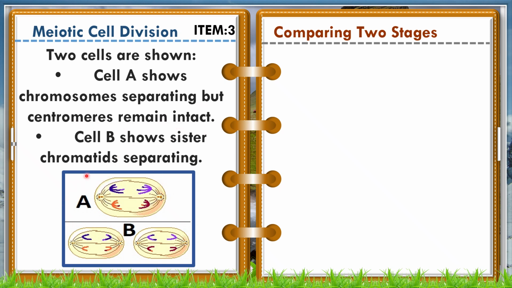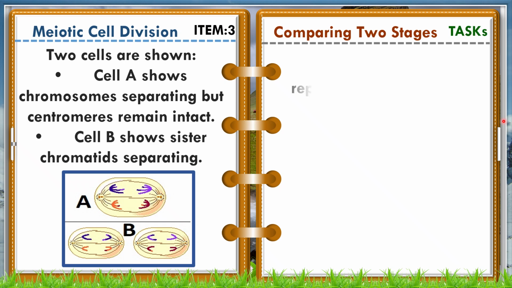This one here is cell A. And cell B shows sister chromatids separating. I want us to analyze it very clearly. In cell A, we are seeing the chromosomes. There were two here, and one is going to one pole and the other is going to the other pole. And in cell B, it had a chromosome in the middle, and one chromatid is going to one side and another chromatid is going to the other side. Now let us go to our task.